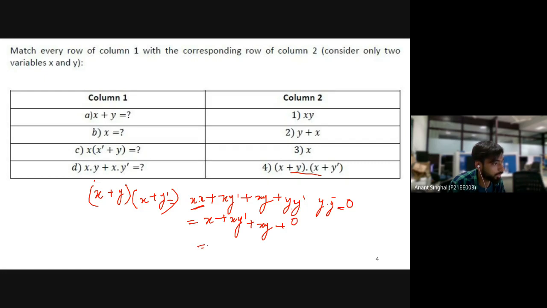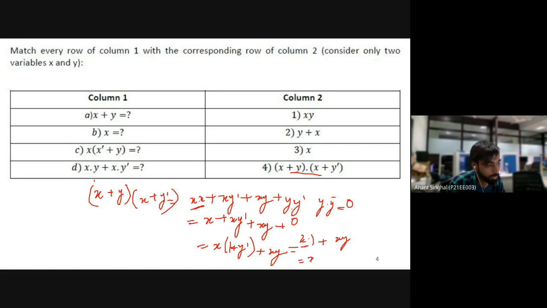Now I'll take x common from the first two terms. So it will be 1 plus y bar plus xy. 1 plus anything will always be 1. So x into 1 plus xy. Anything multiplied by 1 is the variable itself.